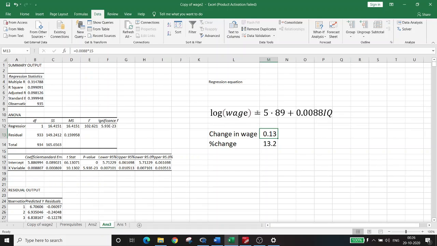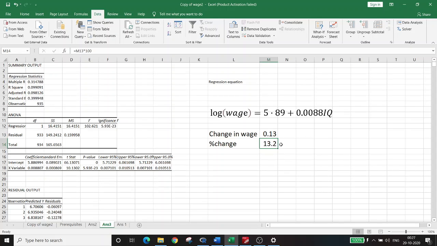But mind you, in this case my dependent variable is expressed in log terms. So here what is happening is a change in unit value of X explains a change in log value of Y. So this is my proportionate rate of change of wage with respect to a given increase in IQ score. So in order to talk about percentage change, I multiply this proportionate change by 100.